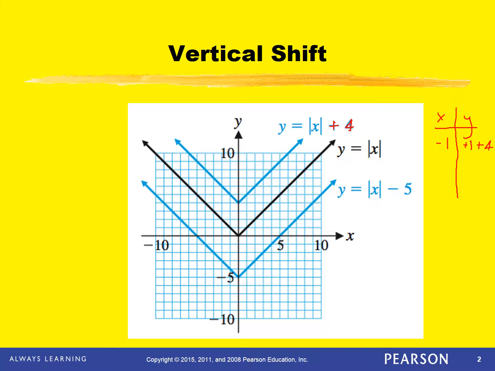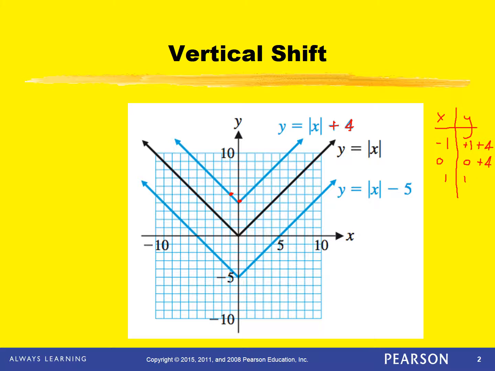So the point -1, 5 is on that graph. 0, 0 is on the graph of the parent. 0, 4 is on the graph of the shifted version.